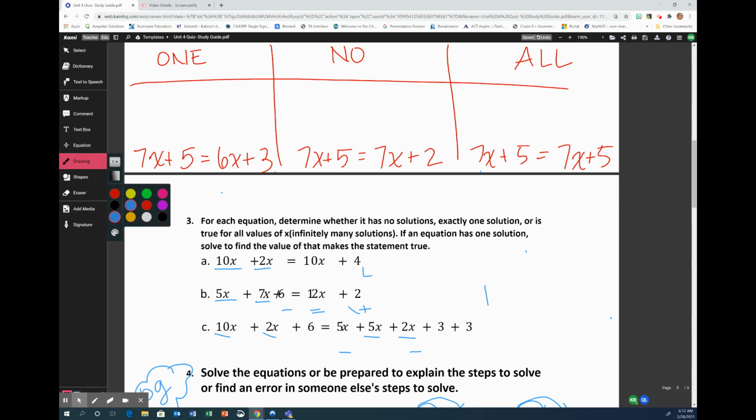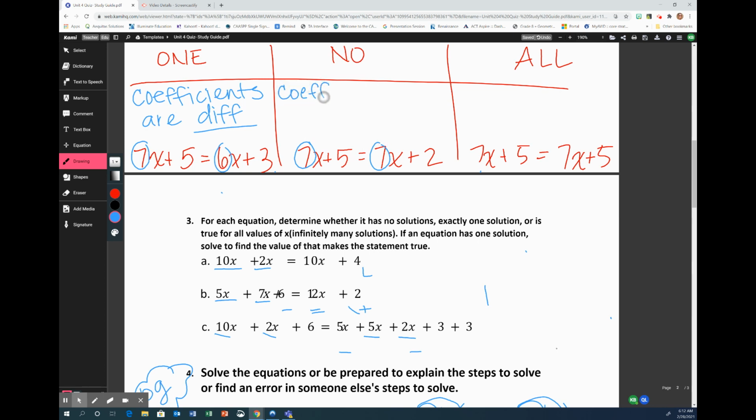In the one solution, what's different? Coefficients are different. It's the only thing we need to know. Here, guess what?